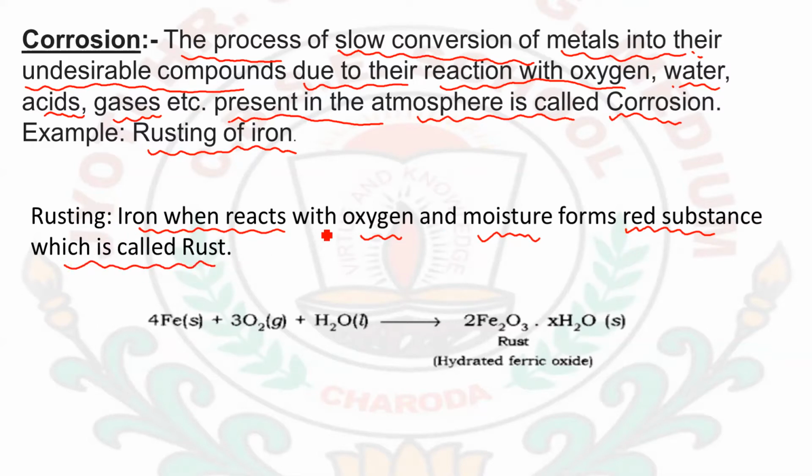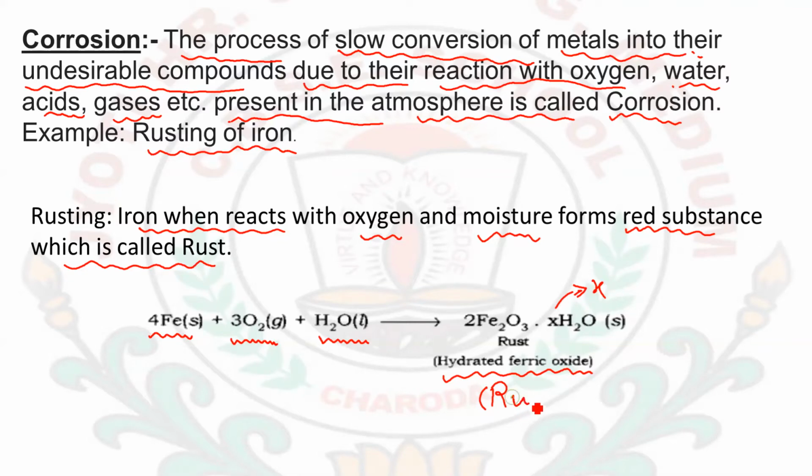And the proper reaction here is that four atoms of iron react with oxygen and moisture present in the air, and form 2Fe2O3.XH2O. Here X is the number of water molecules present in this solid, and this is known as hydrated ferric oxide.